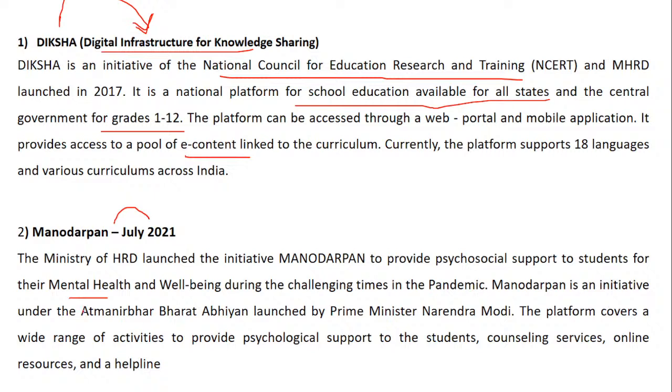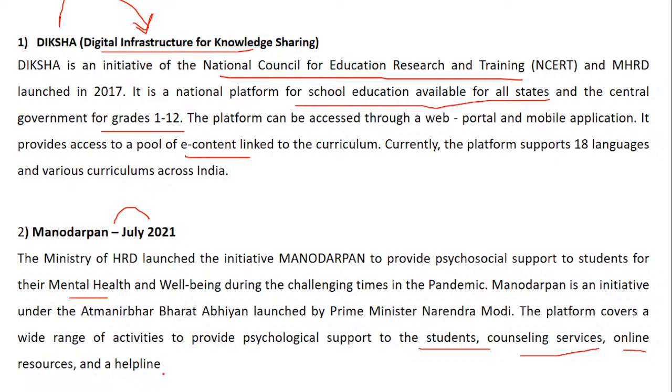Manodarpan is an initiative under the Atmanirbhar Bharat Abhiyan, which was launched by our Prime Minister, Mr. Narendra Modi. And the platform covers a wide range of activities to provide psychological support not only to students, including counseling services, online resources and a helpline.